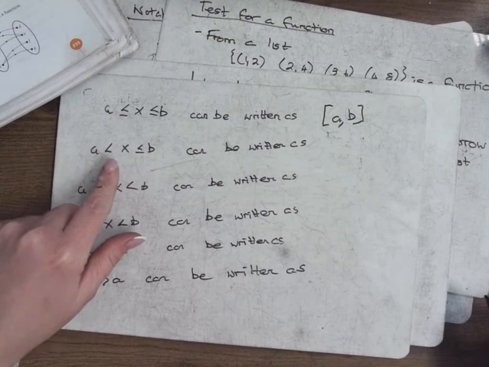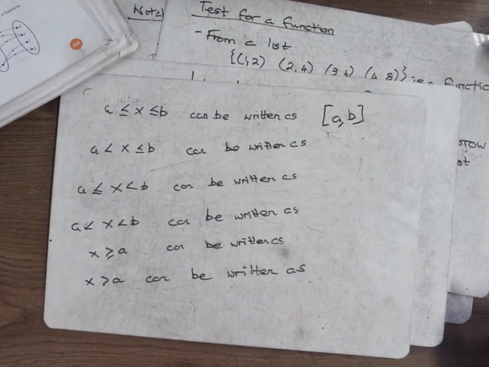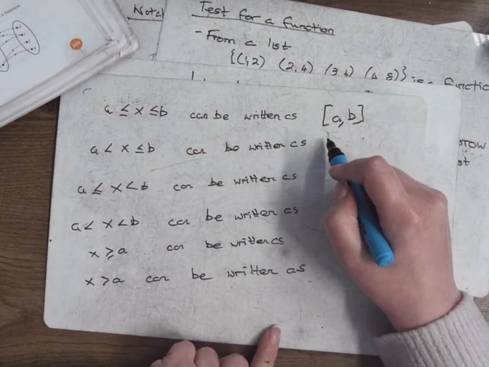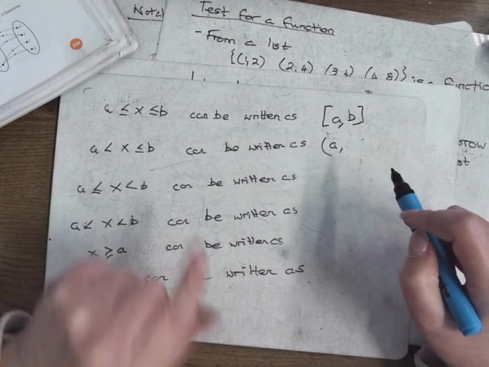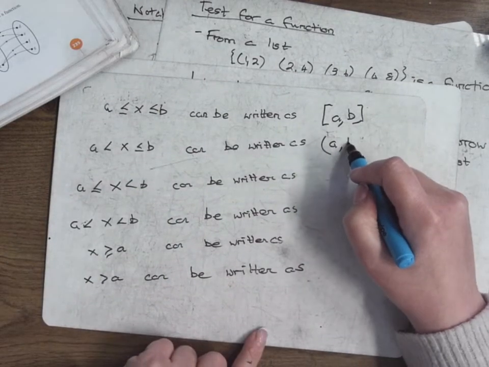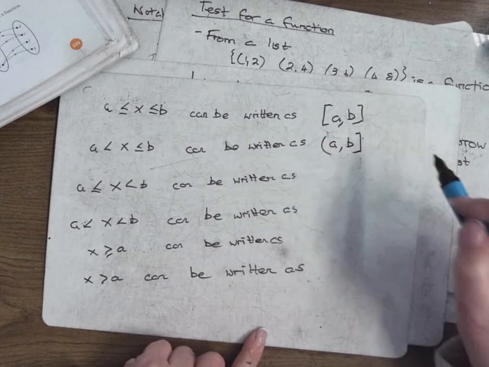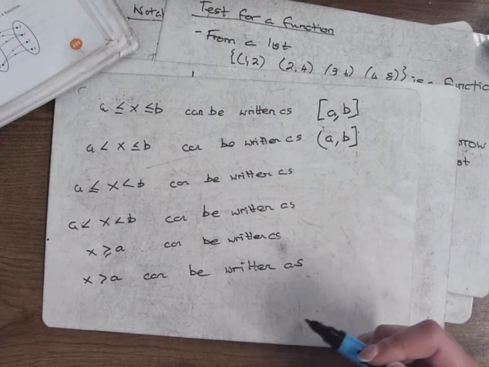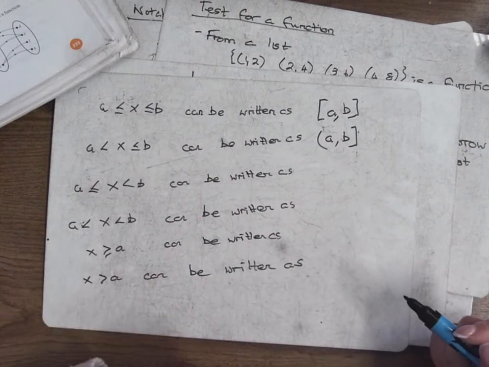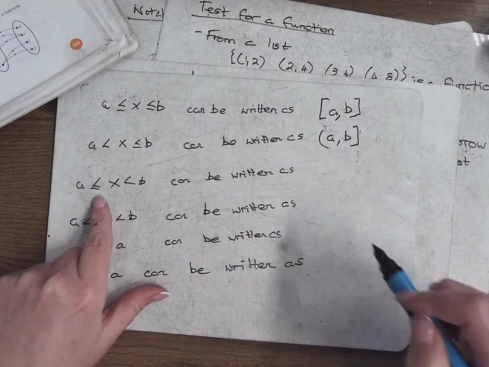No, because it's greater than A, not greater than or equal to A. So you show that with a round bracket on A. Is B included? Yes, so you put a square bracket on B. So a round bracket says it's not included, a square bracket says it is included.